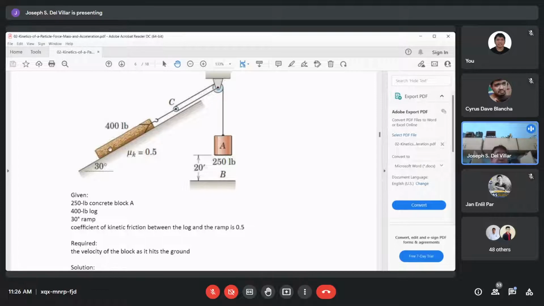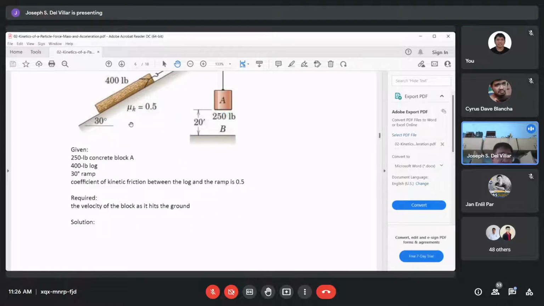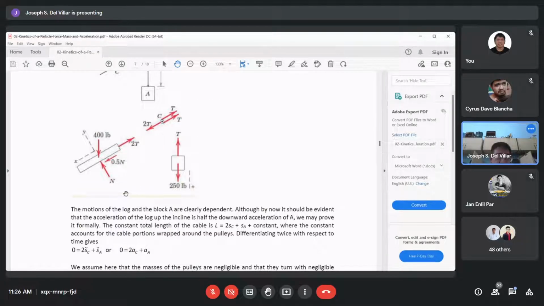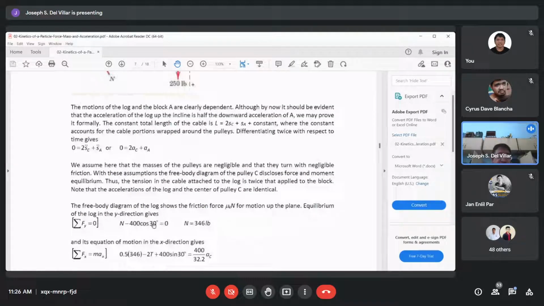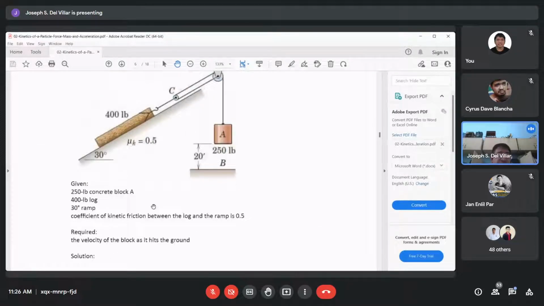So 400, not just 400. The 400 is vertically down. So 400 cosine of 30, because there is an angle here.